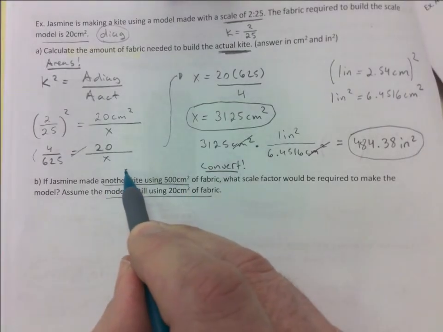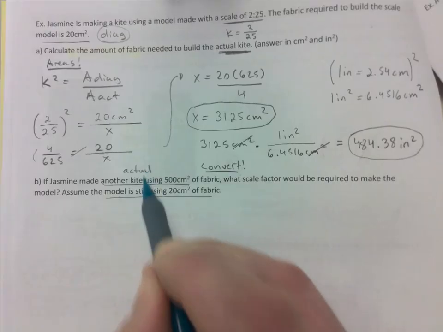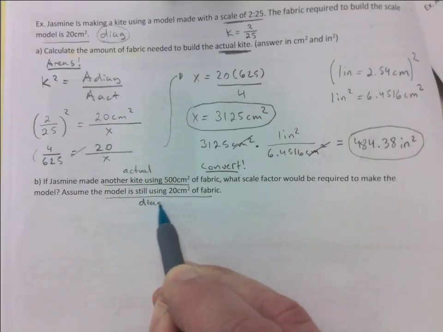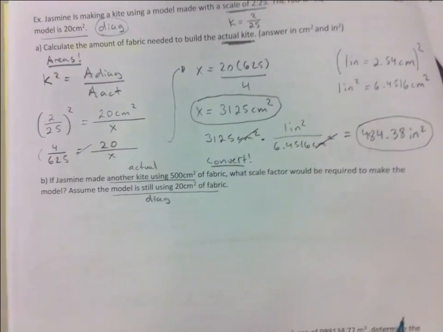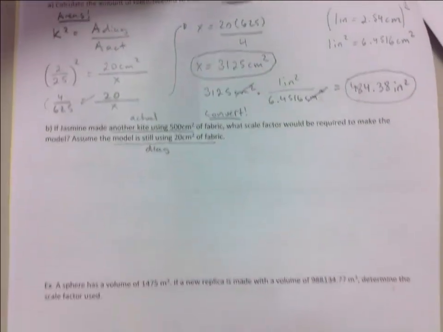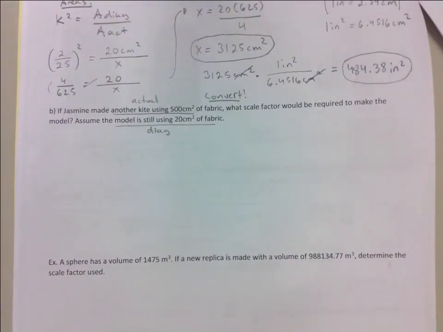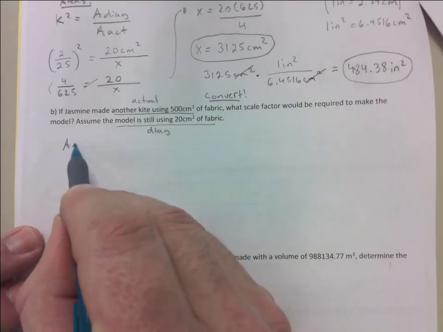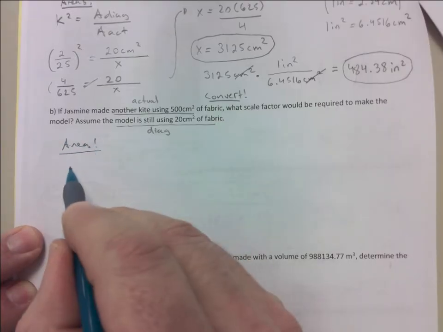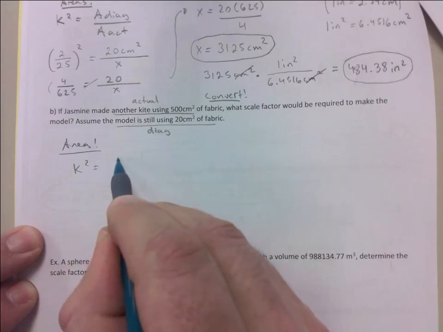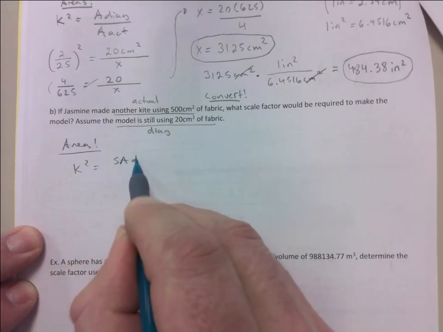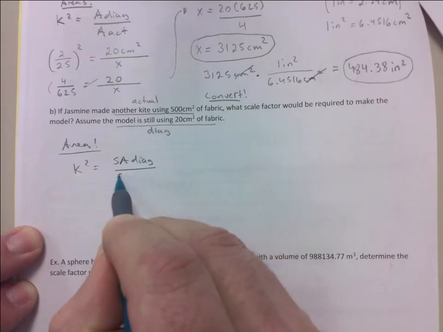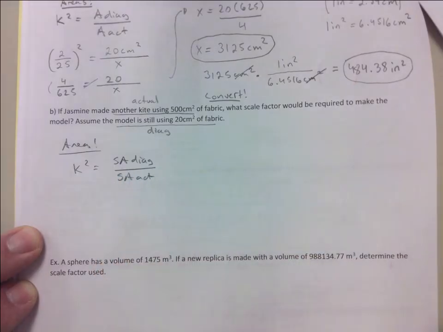That would be my actual, and the model is my diagram. So one thing is for sure, this is areas, right? Talking areas. So we're going to start with this. Surface area of diagram, surface area of actual.